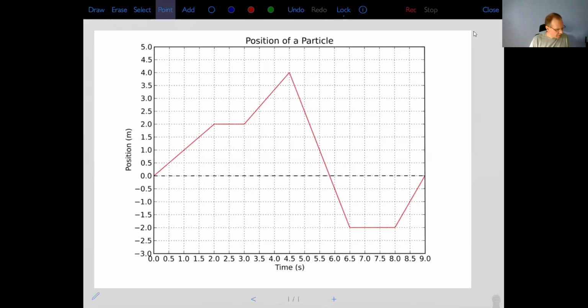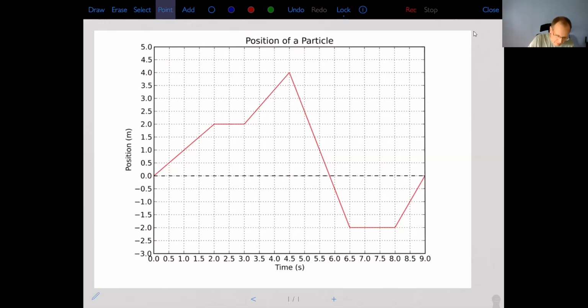The next question is, what is the velocity of the particle at time 5.5 seconds? To answer that, I go to 5.5 seconds and up to the graph. Since I want the velocity, I want the slope of the tangent line that touches the graph at that instant.